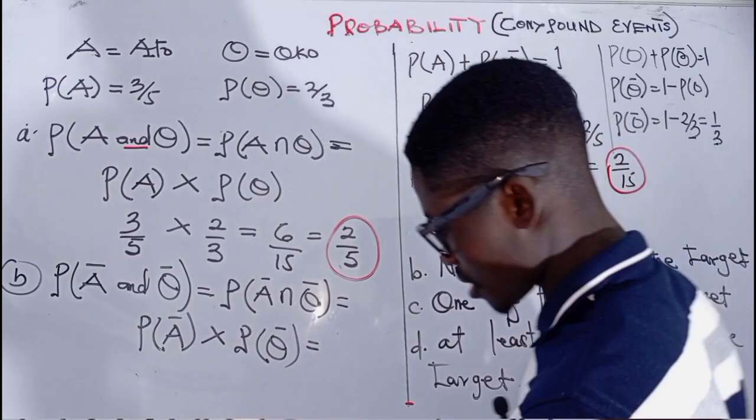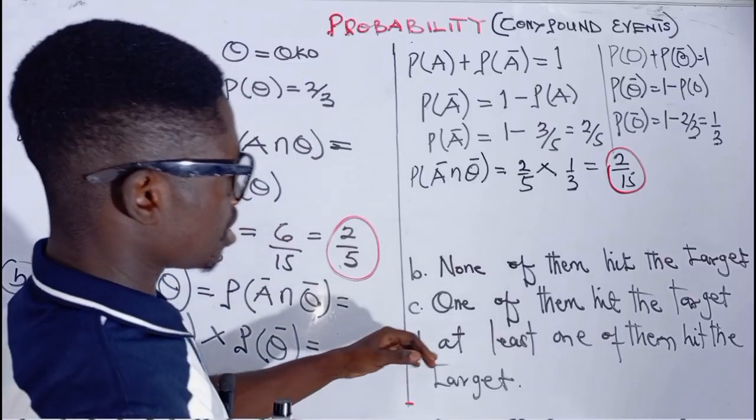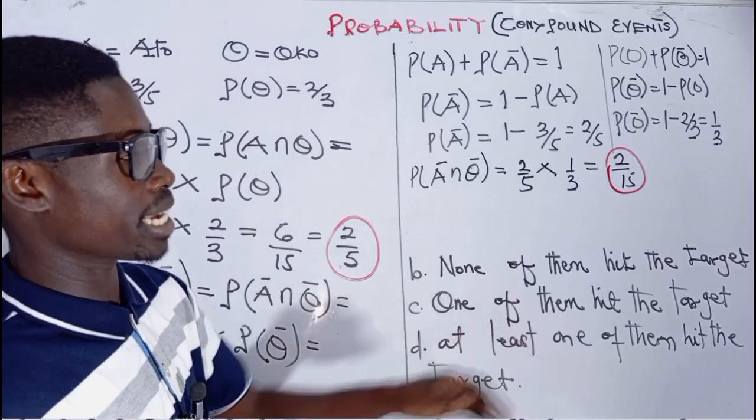Let's look at the next one, which is the probability that one of them hits the target.